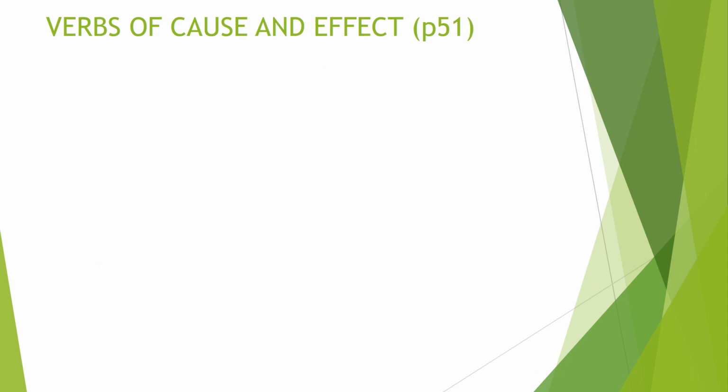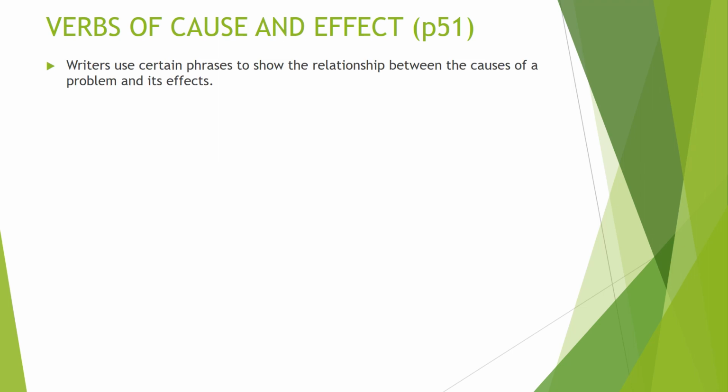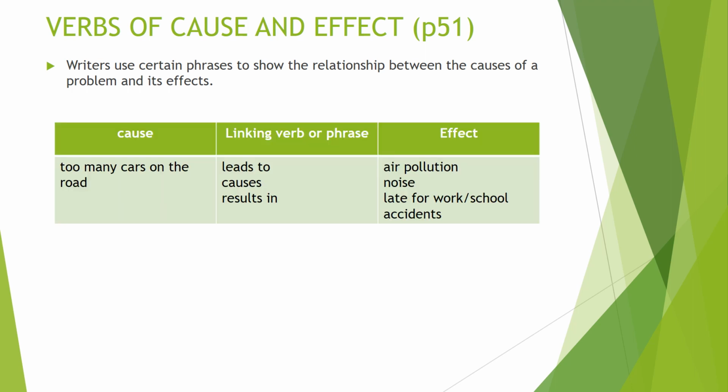Okay, so we're going to look at some language now that we can use when we're writing about cause and effect. It says verbs of cause and effect, and this is on page 51 in your book. What you will see is a table. It says writers use certain phrases to show the relationship between the cause of a problem and its effects.